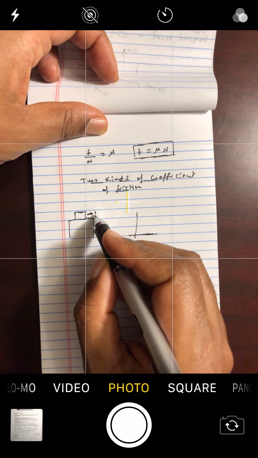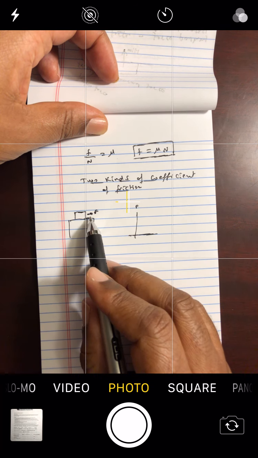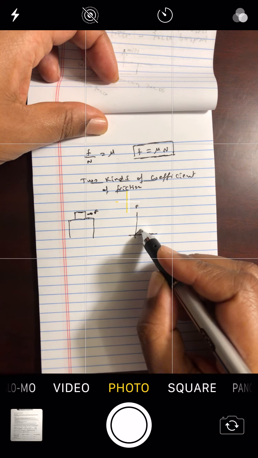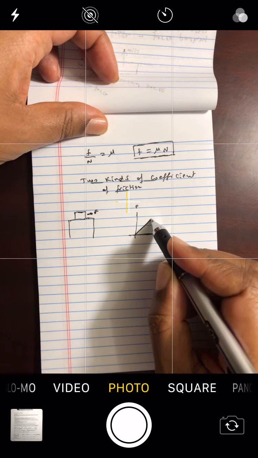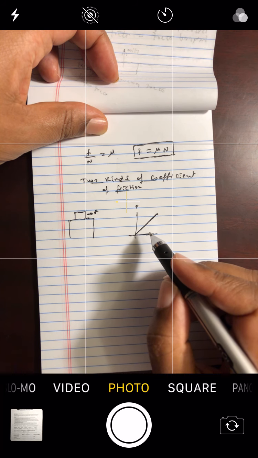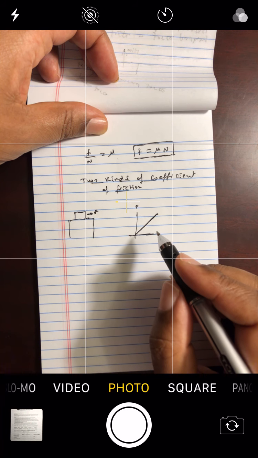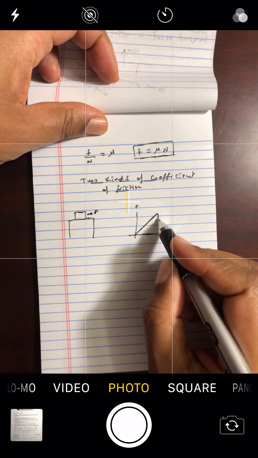Let's say this force over here is F. All right, now first it's not going to move, so you're going to increase it until it just moves. But once it starts moving, the force needed to keep it moving decreases. Okay, so it'll be like this.